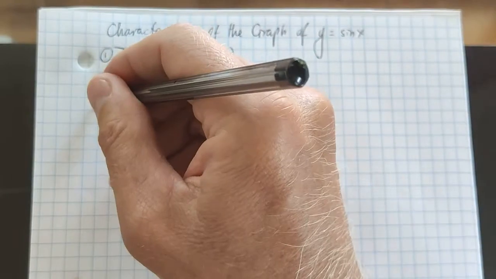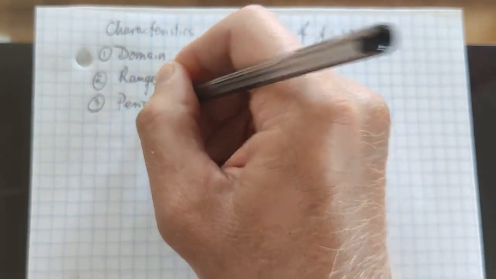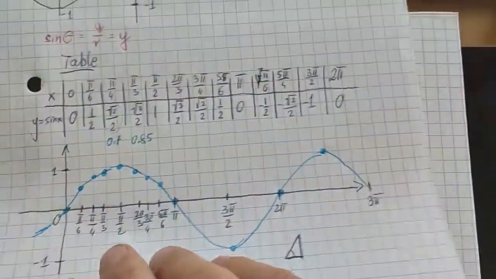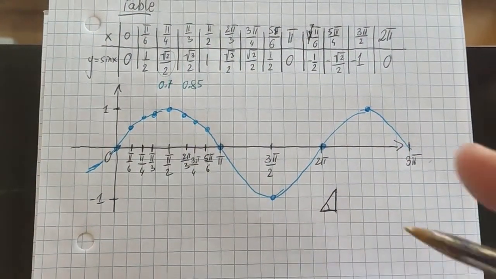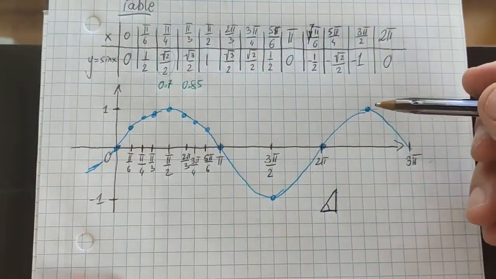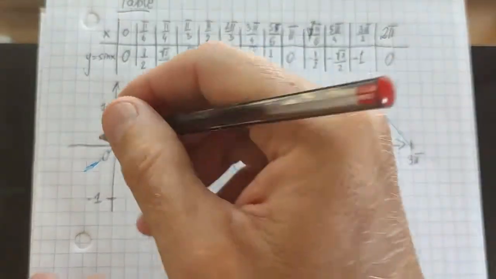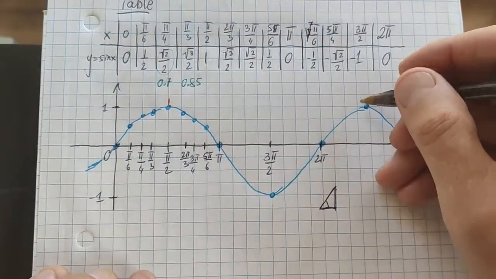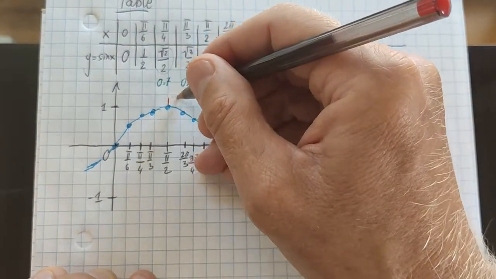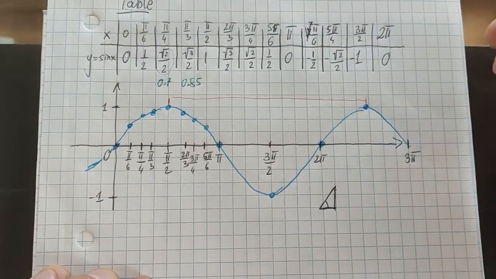And the period, an important thing. Period is basically the length after which the graph repeats. Let's look at the highest point, or the maximum, and go from here to there.